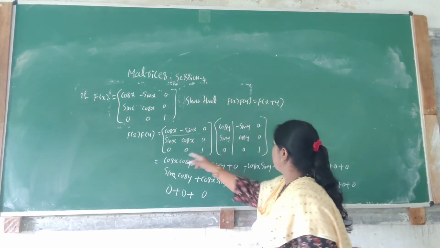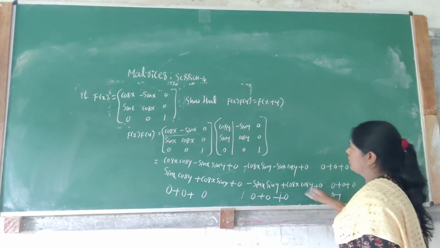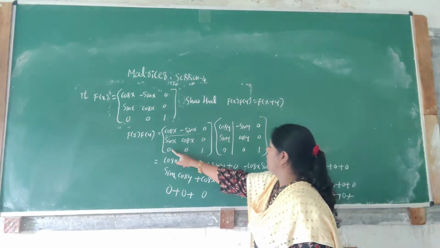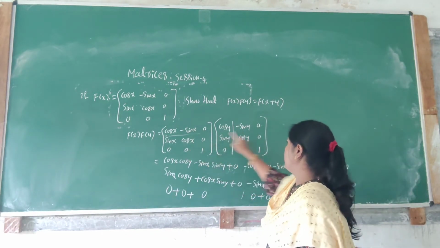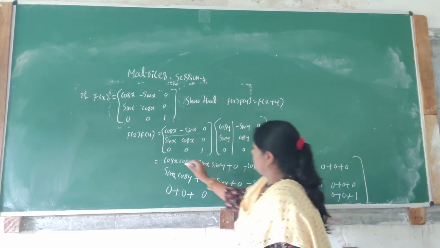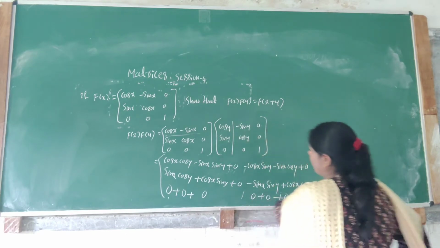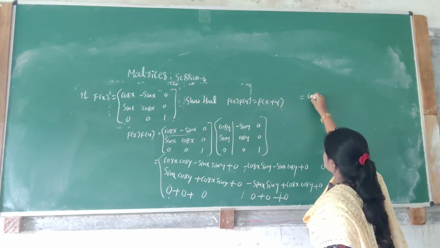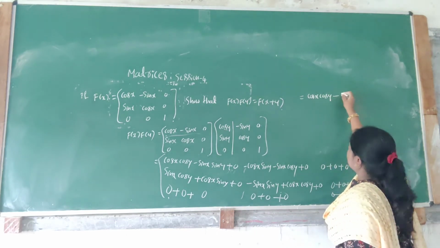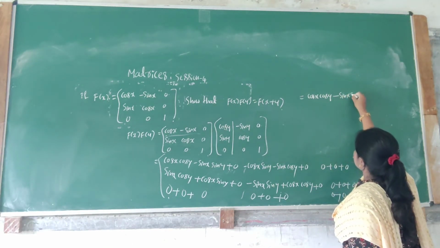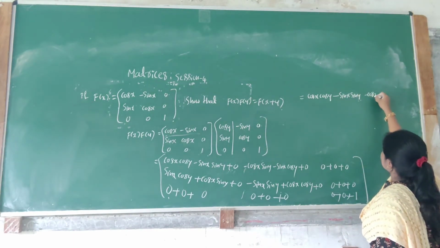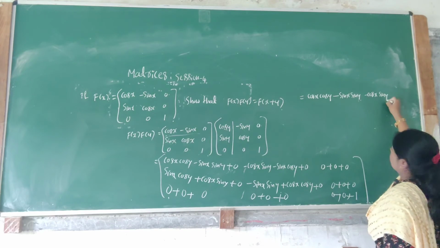Next, this one and this, 0 into 0 is 0. Plus 0 into 0 is 0. Plus here you have to be careful. See 0 into 0 is... It will be like this. So the equation is cos x cos y minus sin x sin y, minus cos x sin y.